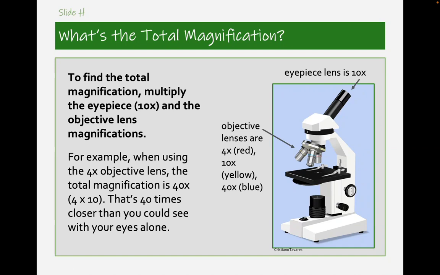And when we get to the blue one, the highest magnification, we're looking at less than half a millimeter across for the whole view. Not the size of the object in the microscope, but just when you look in a microscope and you see the circle of light in there, that's how wide that circle of light is. It's 4 to 5 millimeters with the red one, about 2 with the yellow, and less than a half with the blue one.